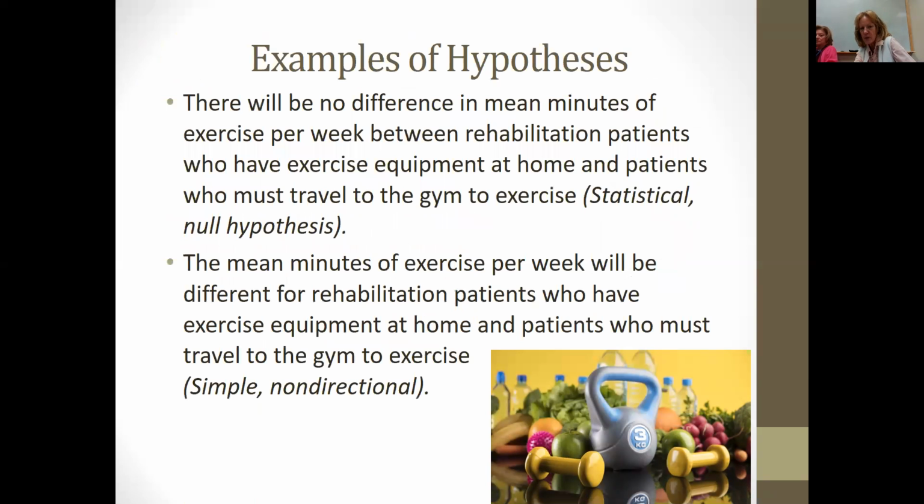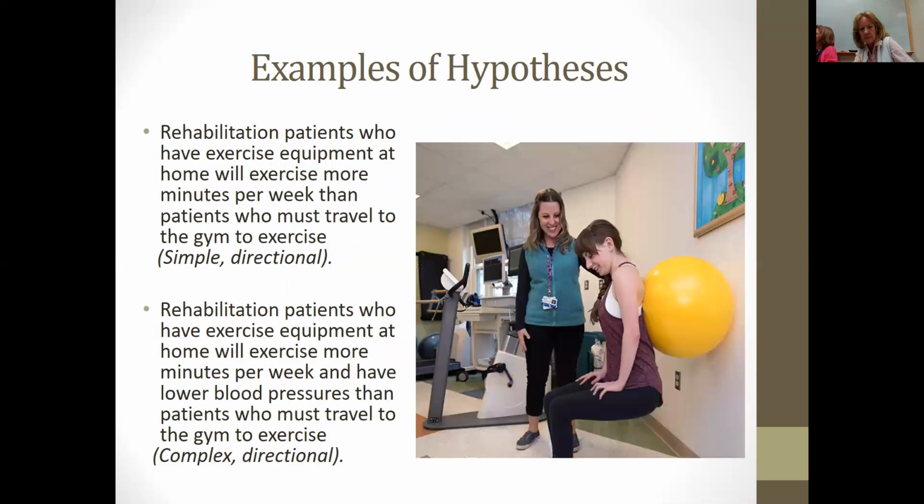So the null, there's no difference, and the direction, non-directional. For this one though, it just says the mean will be different. So they don't really choose a direction.